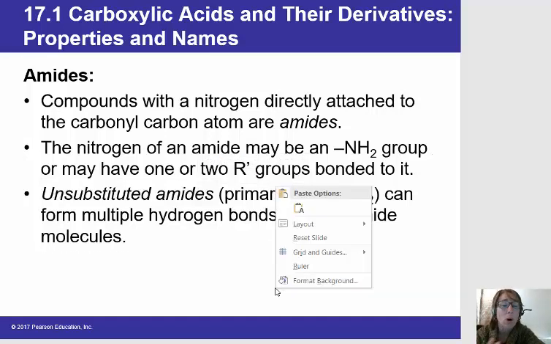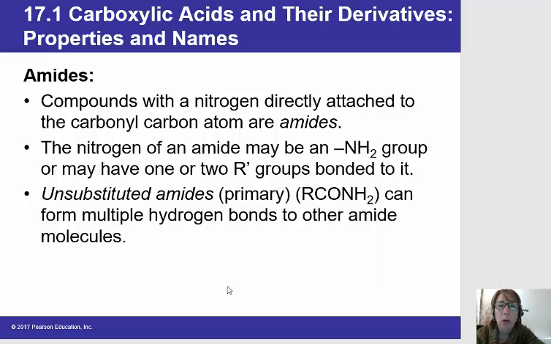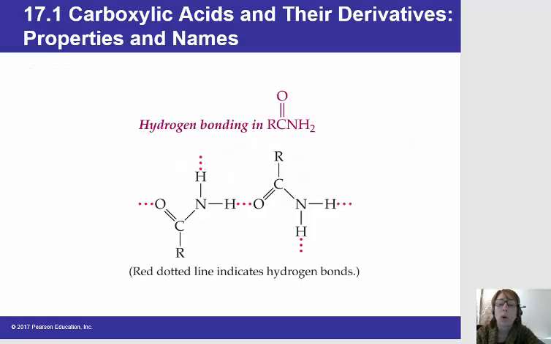So as with all molecules, the physical properties of amides are impacted by their intermolecular forces. And primary amides have two hydrogens directly bonded to the amide nitrogen, which enables them to hydrogen bond.